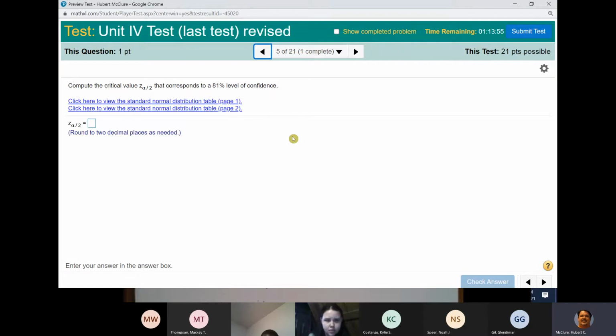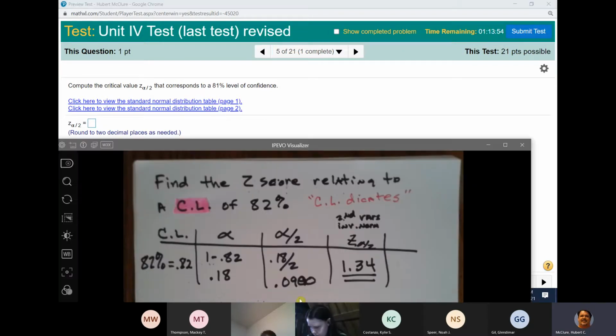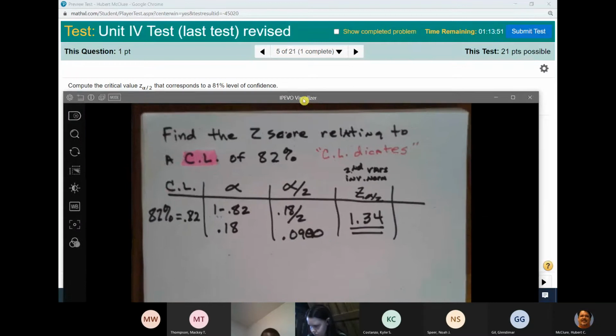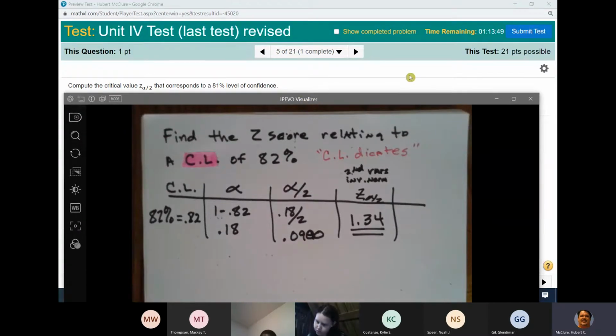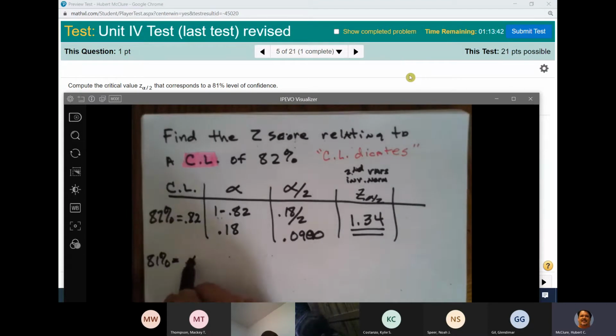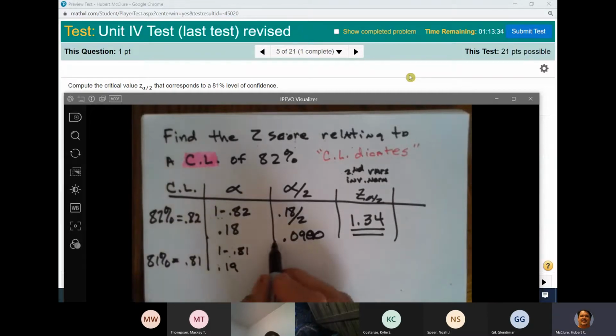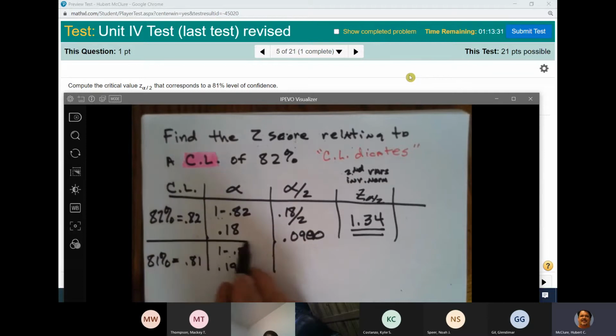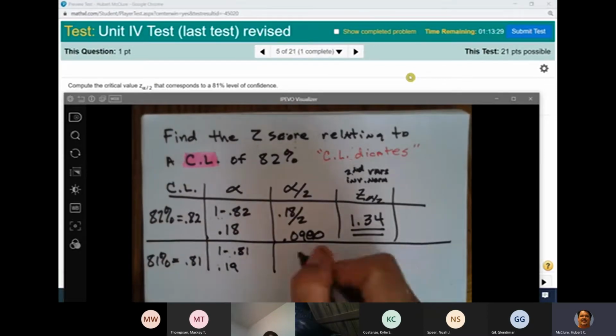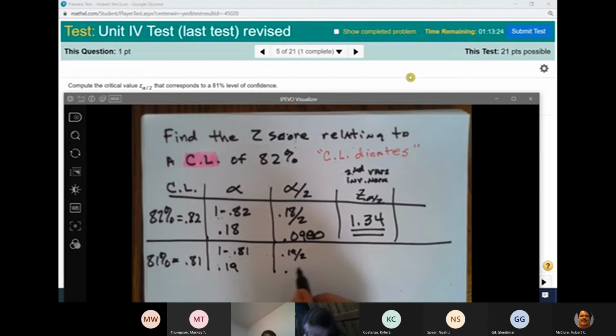So we'll do it on the same page. It's not supposed to do them close together like that. So 81% is equal to 0.81. What is 1 minus 0.81? 0.19. What is 0.19 divided by 2? 0.0950?